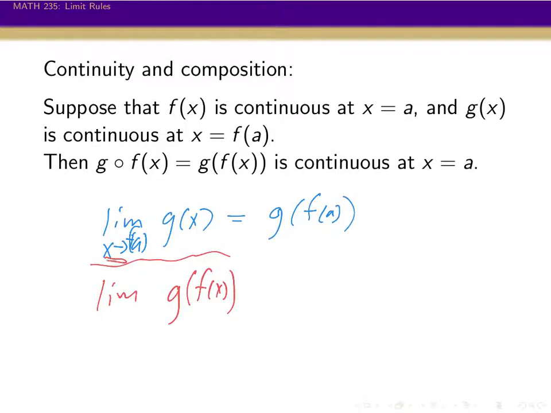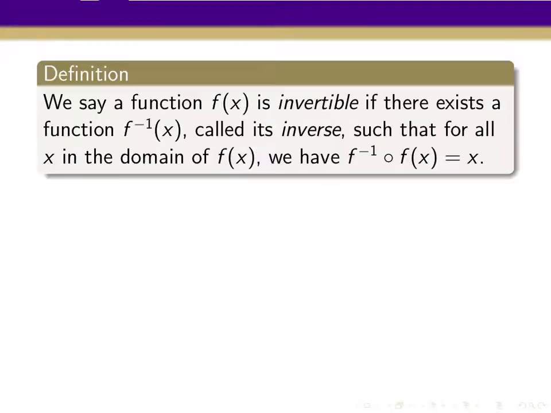And then instead of x going to f of a, x is just going to a. And we're saying that we're still ending up with g of f of a. Okay. So this is going to be very helpful. So this means that anytime that we have two continuous functions, if we plug one continuous function into another continuous function, then we still have a continuous function at that point.